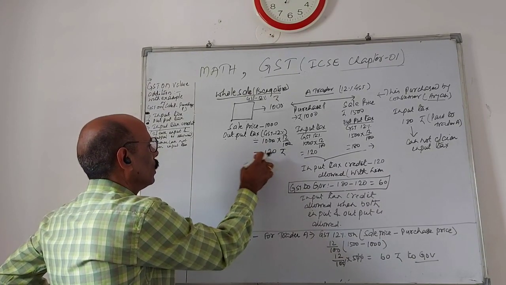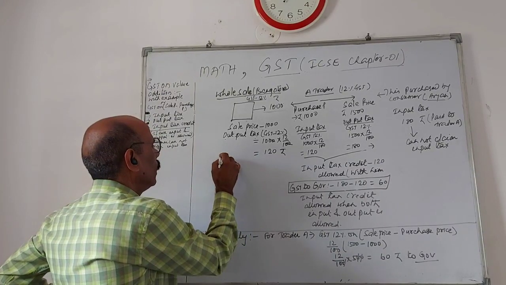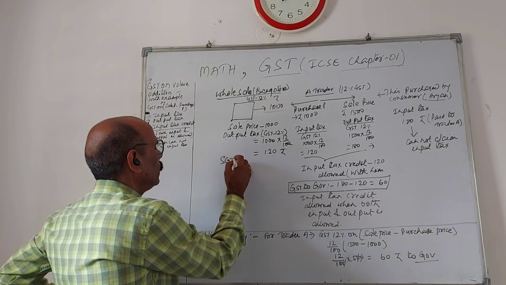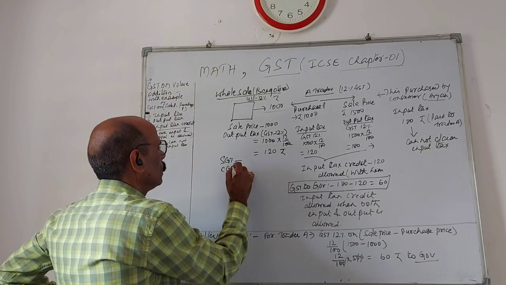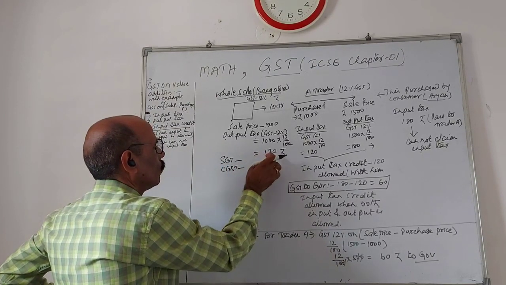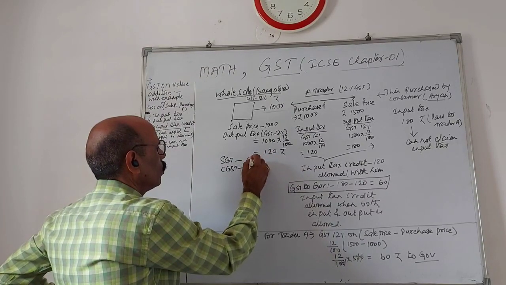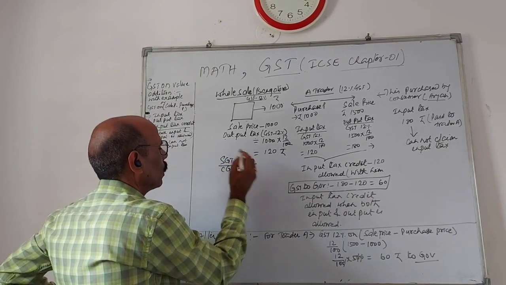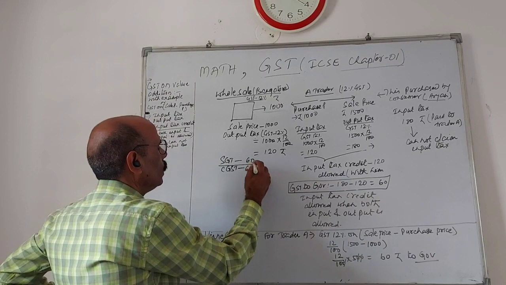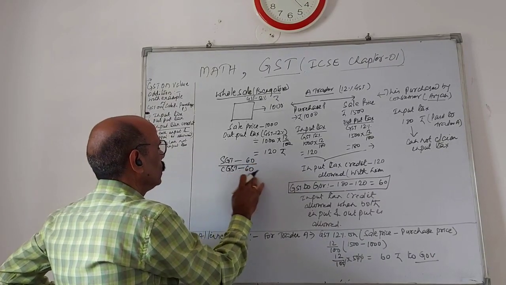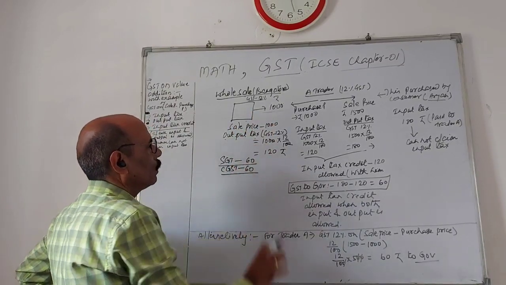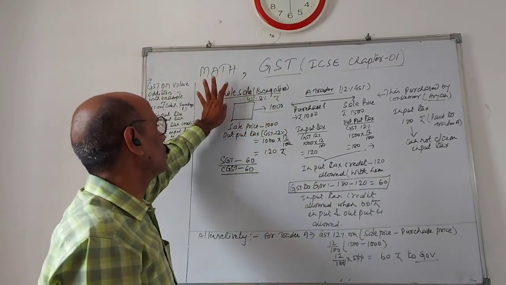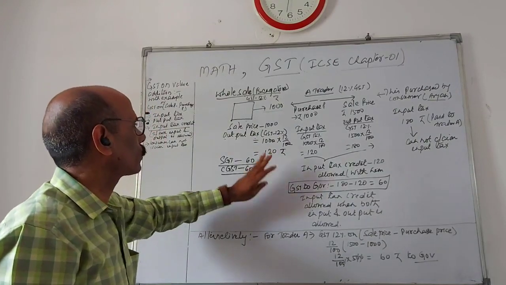So this 120 rupees will be distributed as SGST and CGST. So 50%, meaning 60 rupees to the Karnataka government and 60 rupees to the CGST, central GST, the central government. This is clear. In the last video also you came to know these things.